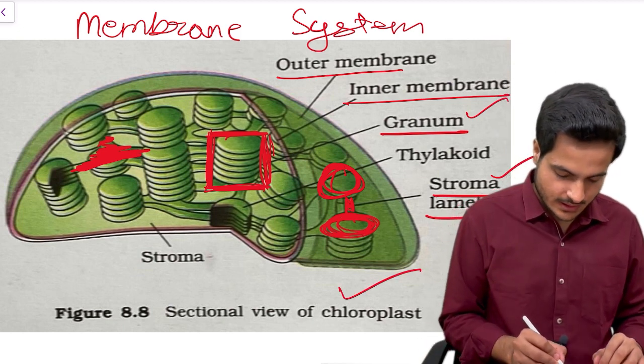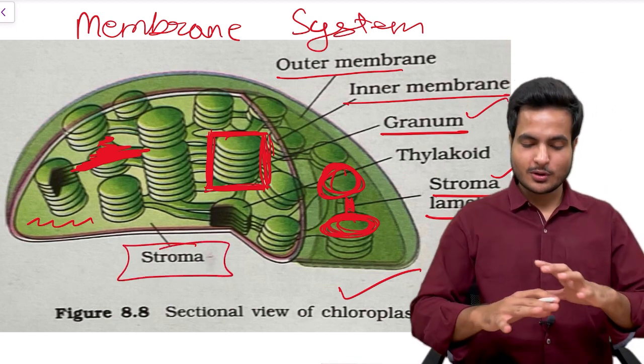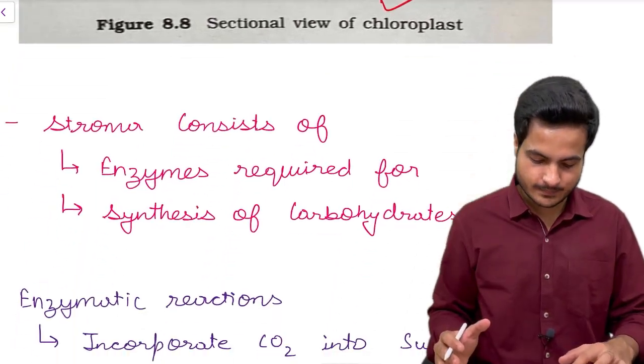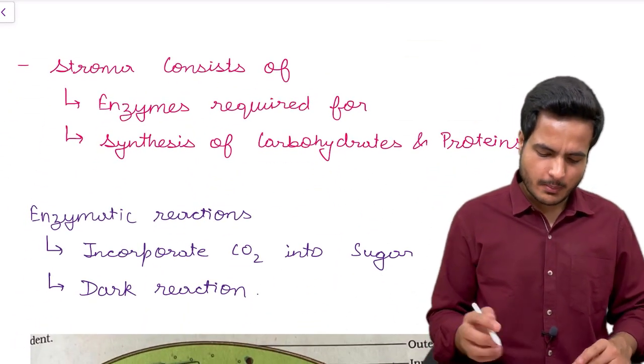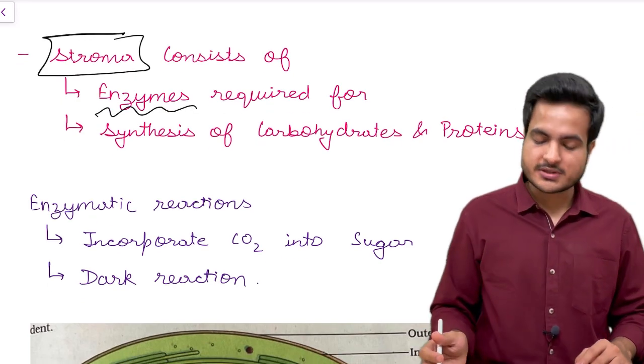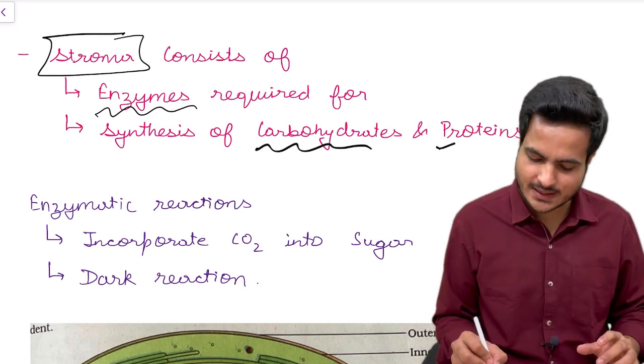and this ground substance which is present is called stroma. So overall this organelle is made up of a membrane system and a stroma. Now let's discuss stroma. Stroma consists of enzymes which are required for the synthesis of carbohydrates and proteins inside this organelle.